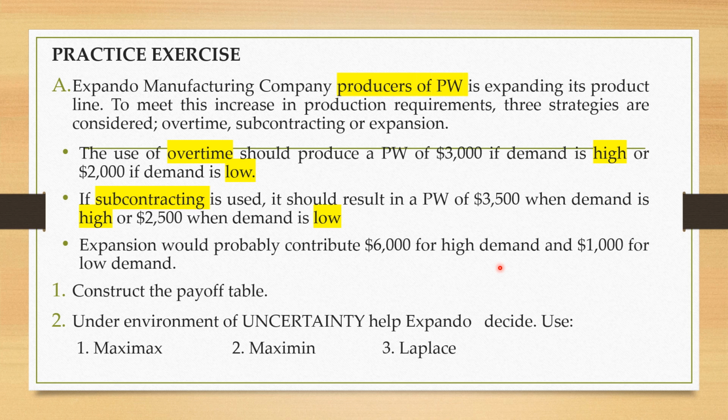For activity 1, we're just going to have requirement A and requirement B under environment of certainty and environment of uncertainty using the Maximax, Maximin, and Laplace. I have here a practice exercise. You could take a screenshot of this and copy it for another set of exercise to answer. We're going to answer it during our online class.